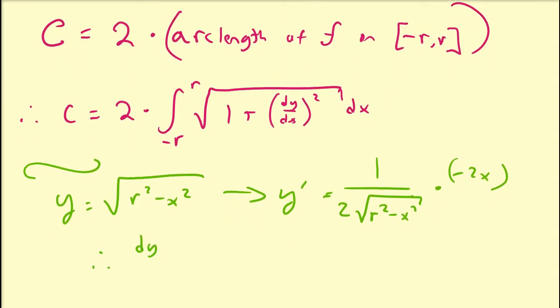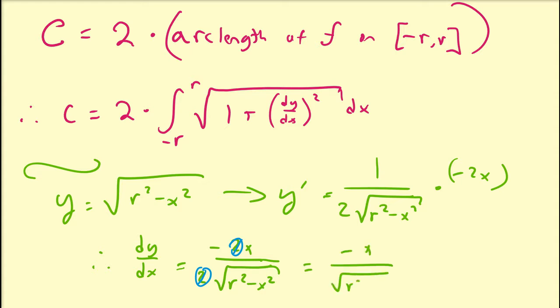So dy dx is going to be equal to minus 2x divided by 2 times the square root of r squared minus x squared. We can cancel out these 2's to make things a little bit easier for us, and that's just going to give us minus x divided by the square root of r squared minus x squared.